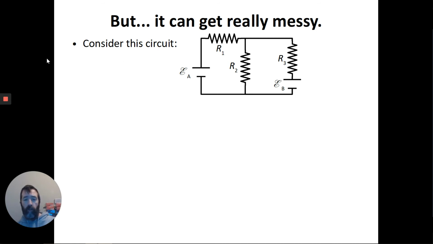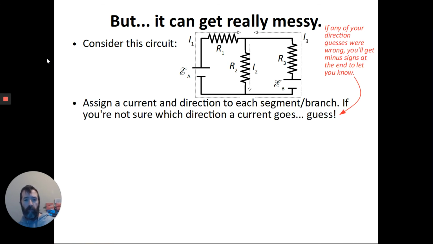If the currents for the problem are not already indicated, you need to start by indicating currents. So the layout of this circuit has three total pathways or branches. There's this middle section, and then there's the left section and the right section. Basically every path between junctions, or if you like graph theory and math, every edge between nodes.